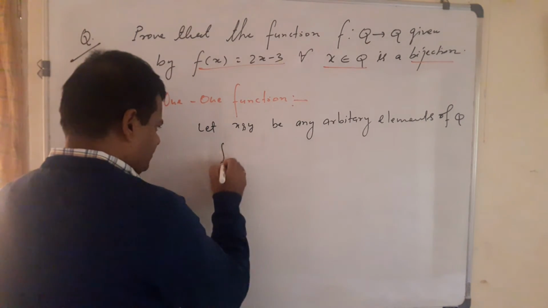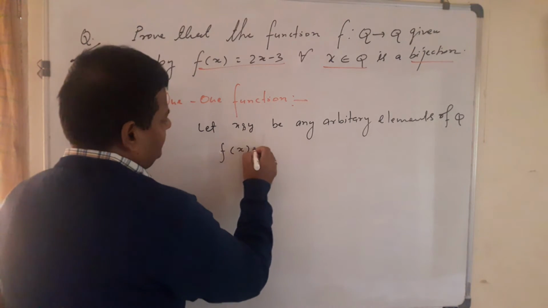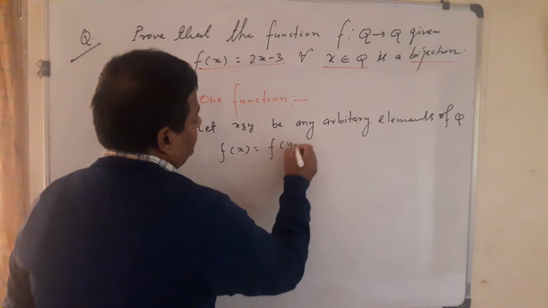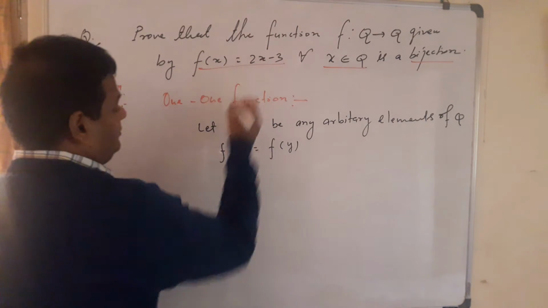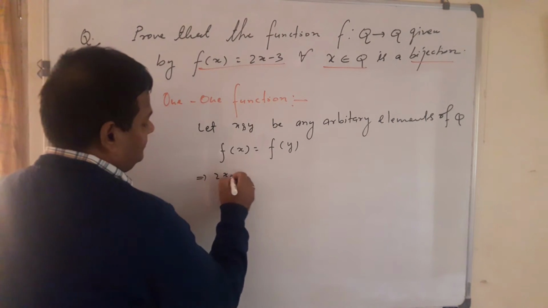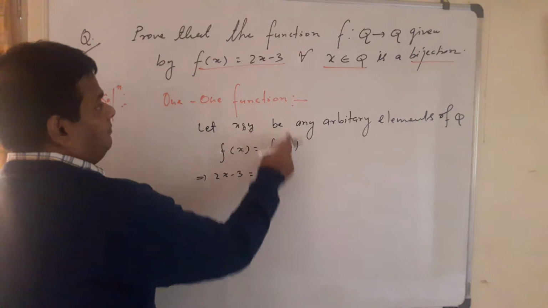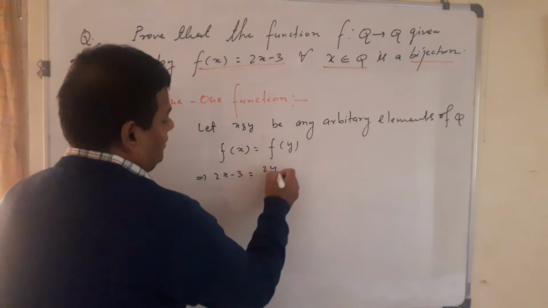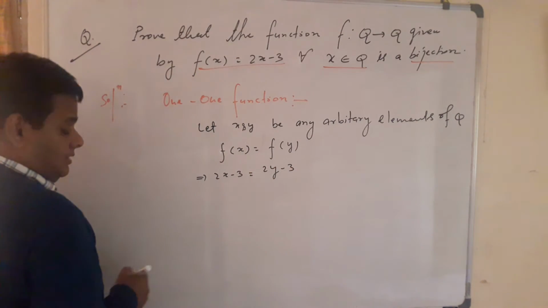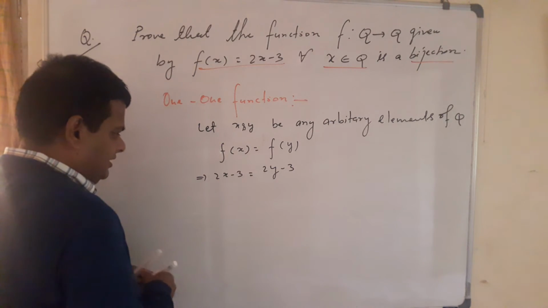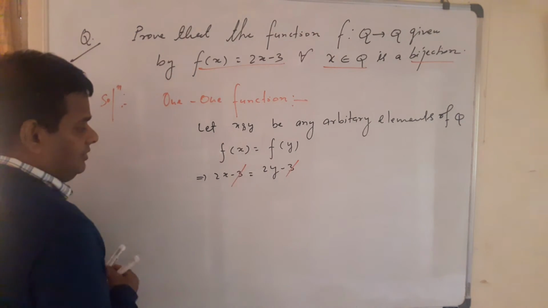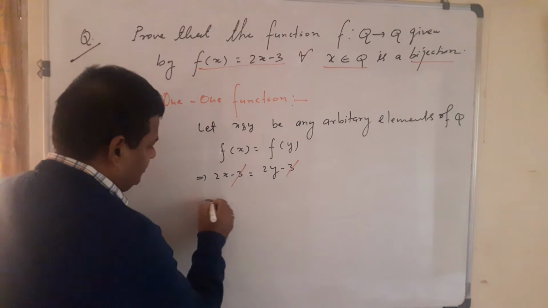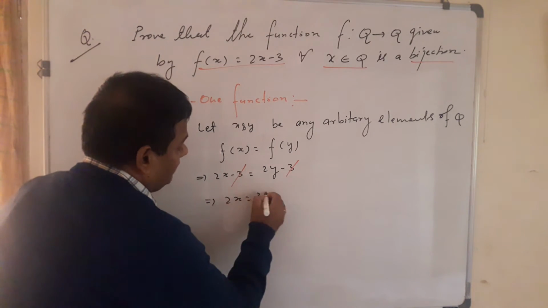So we take f(x) equal to f(y). Here f(x) is 2x + 3, so f(y) will become 2y + 3. Here the 3 and 3 cancel, so 2x is equal to 2y.